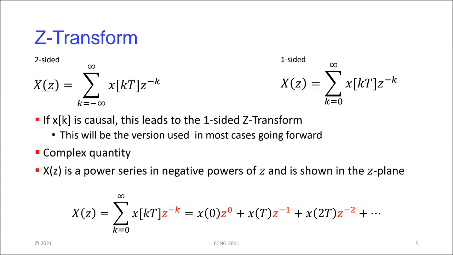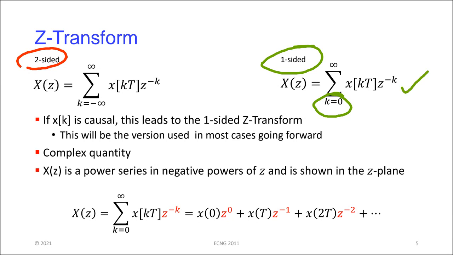Specifically, there are two flavors of the Z transform, if you like. The one that sums from minus infinity to infinity is called the two-sided Z transform, because it's running from k equal to minus a huge number to k equal plus a huge number. Or if k sums from 0, then we have the one-sided Z transform. Most of the cases that we will use the one-sided transform.